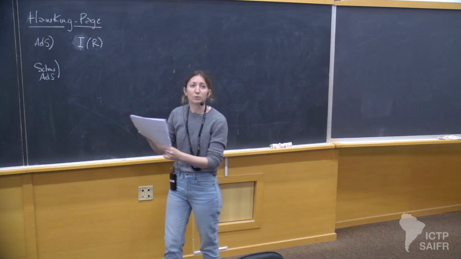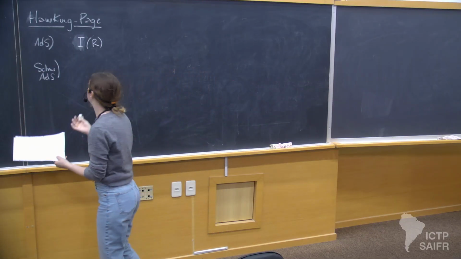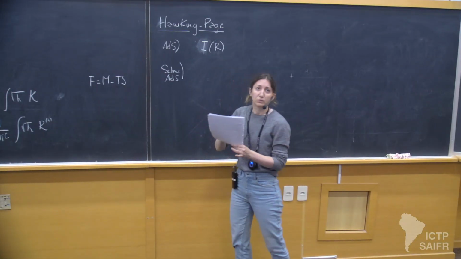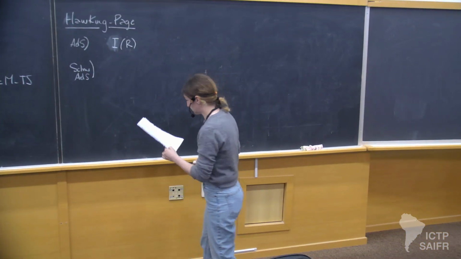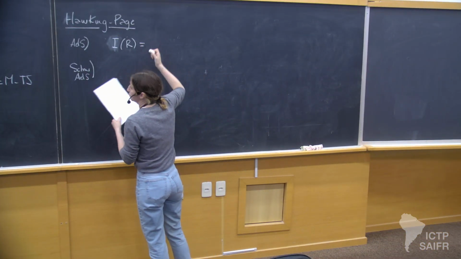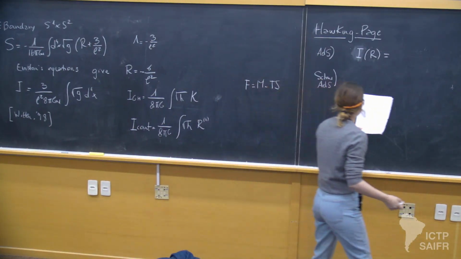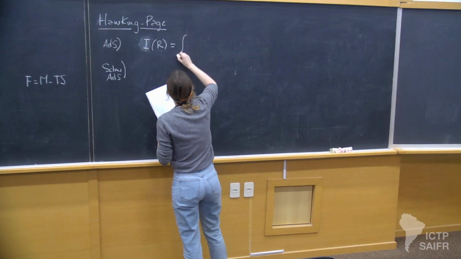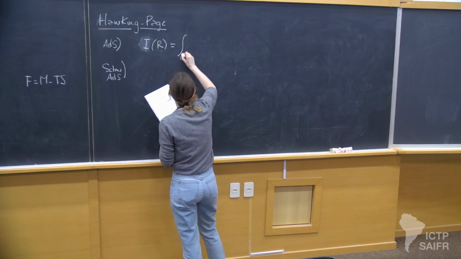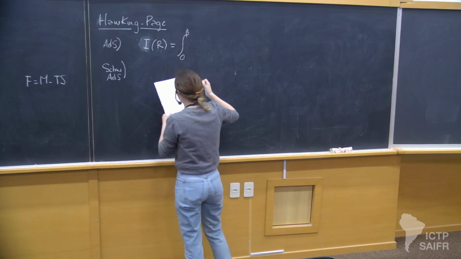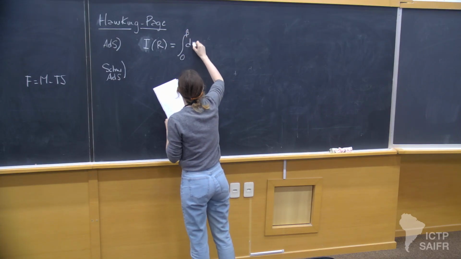Then we will see that when we subtract the two quantities, taking r to infinity, the difference will be finite. But so all I'm saying is that computing this for Euclidean AdS amounts to having the integral between 0 and beta over d tau.